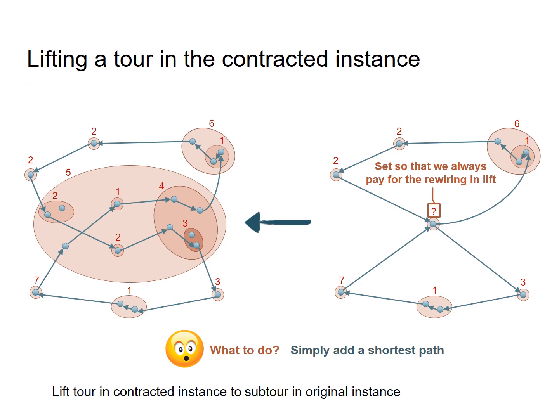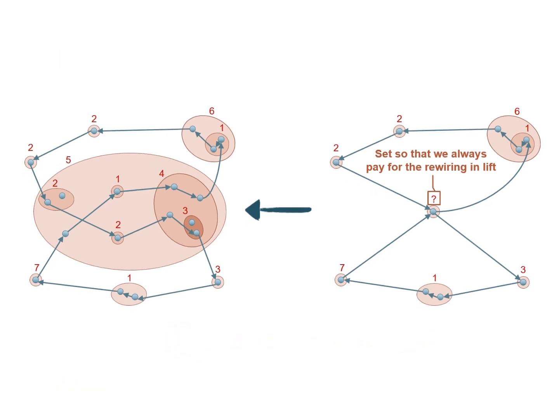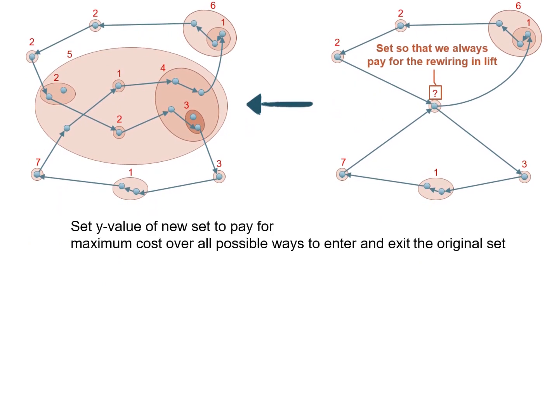Of course, this costs something, and so we want to be able to afford this. So this will be set to the maximum cost over all the possible ways to enter and exit, because when you're lifting from this, you don't know in which vertex you're entering and leaving from. So you have to have this pessimistic path.